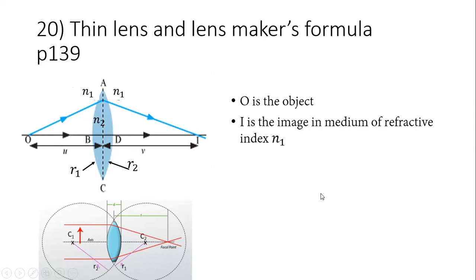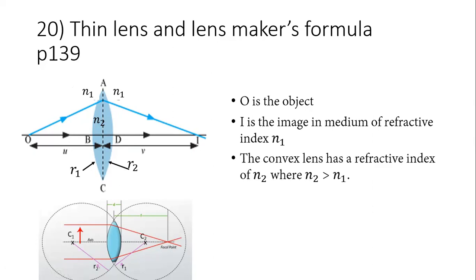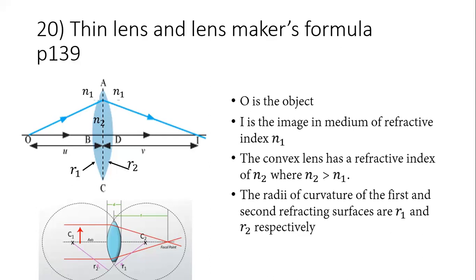O is the object. I is the image in the medium of refractive index N1. A convex lens has a refractive index of N2. N2 is greater than N1. The radii of curvature of the first and second surfaces are R1 and R2.